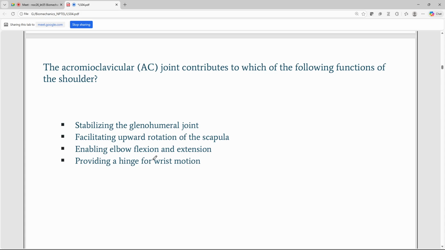Next question. The acromioclavicular joint, AC joint, contributes to which of the following functions of the shoulder? Options: A, stabilizing the glenohumeral joint. B, facilitating upward rotation of the scapula. C, enabling elbow flexion and extension. D, providing a hinge for wrist motion.